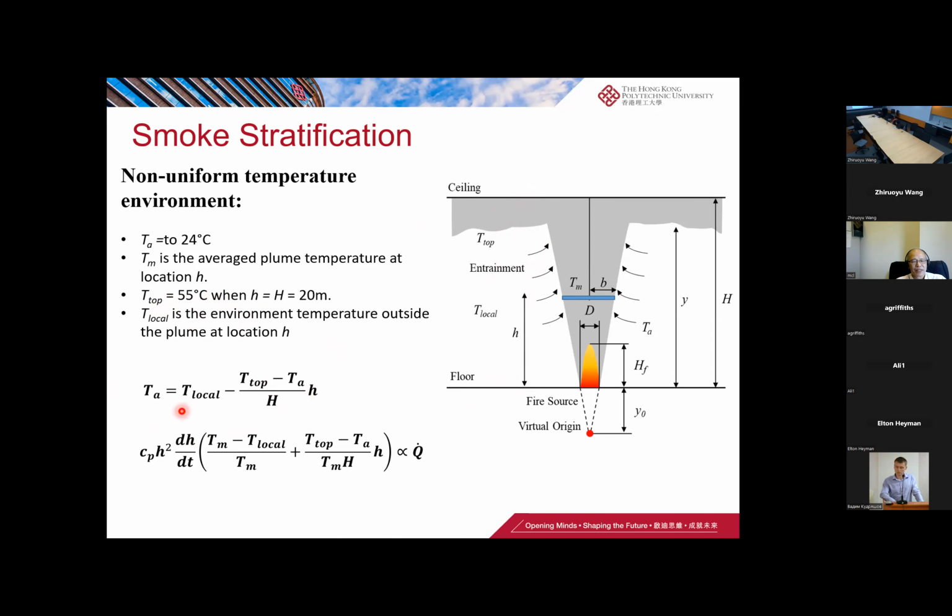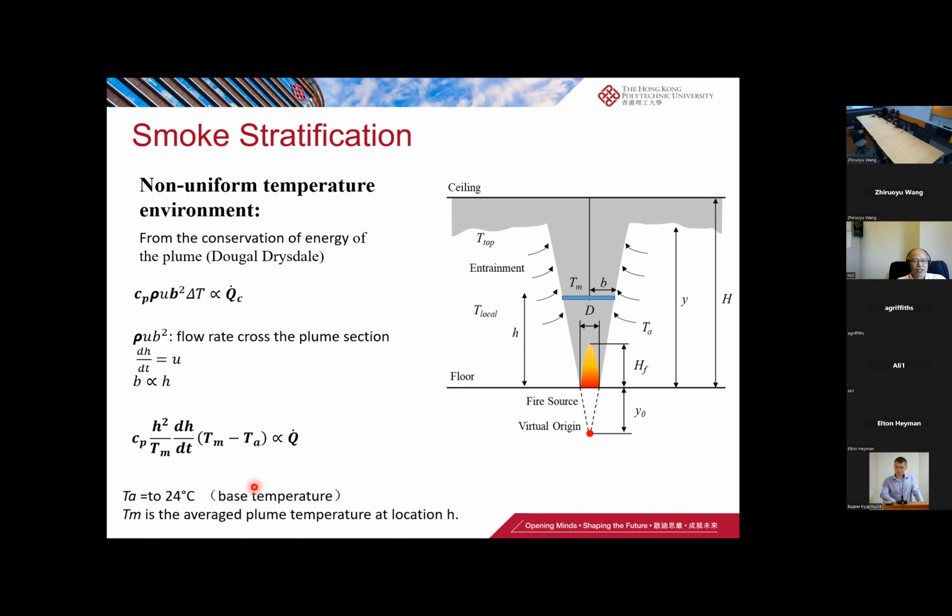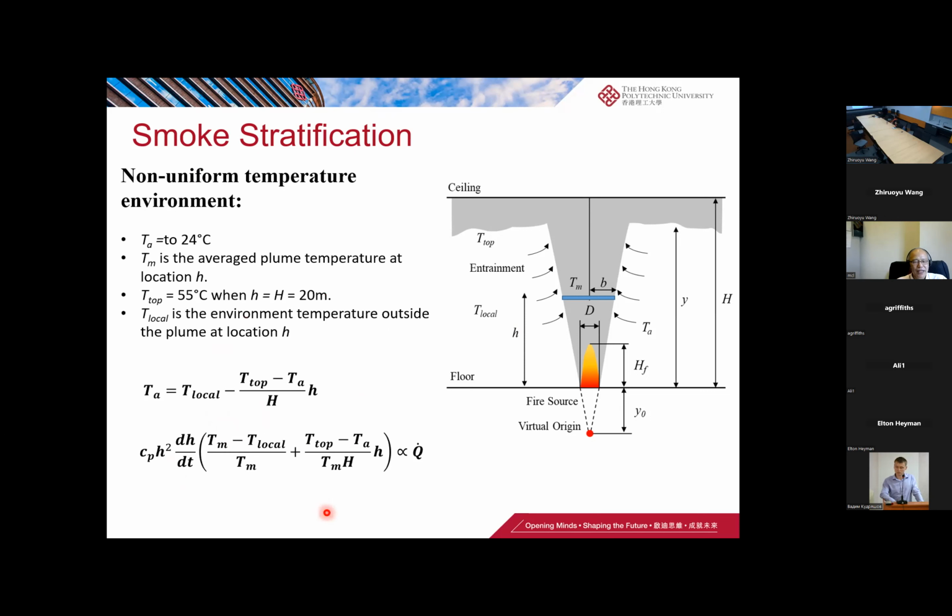TA is the bottom temperature, the top is 55, and T local is the temperature at the middle, anywhere H away from the fire source. We replace this correlation into the equation here, rearrange, and we can have this equation.